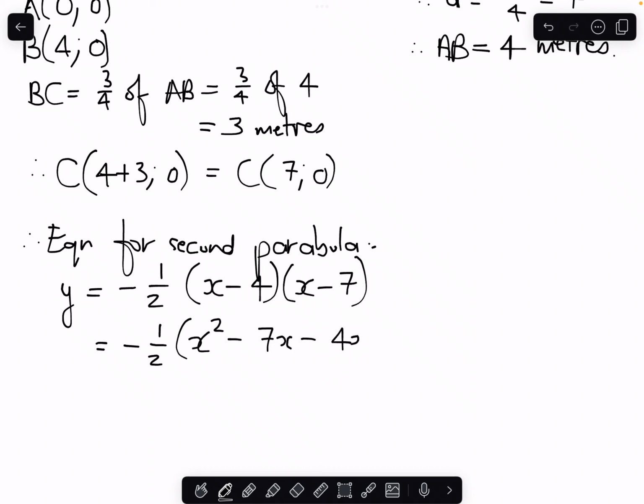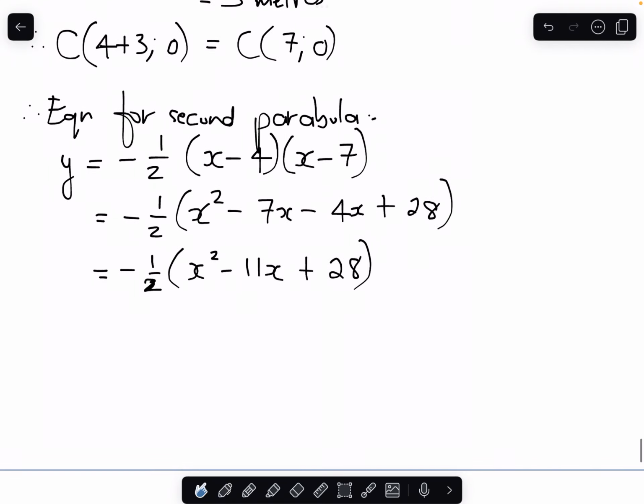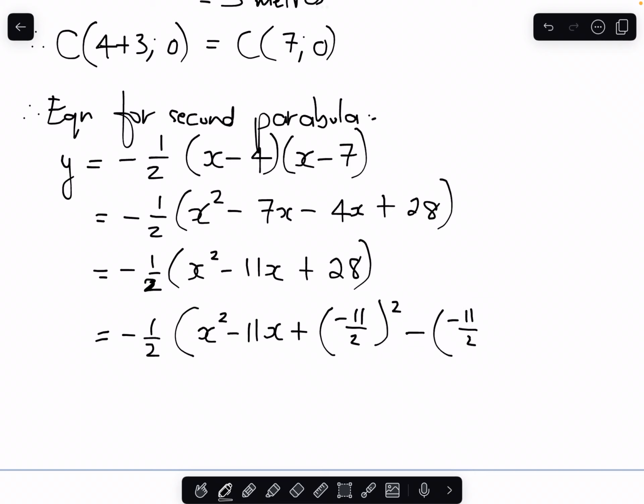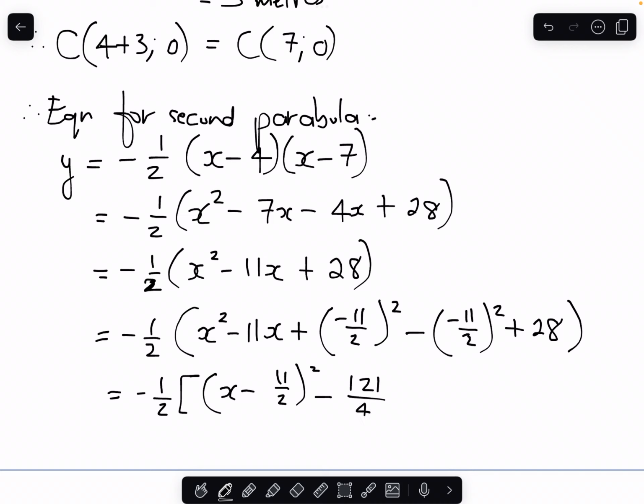Okay, and then let's complete the square. So it'll be 121 over 4.